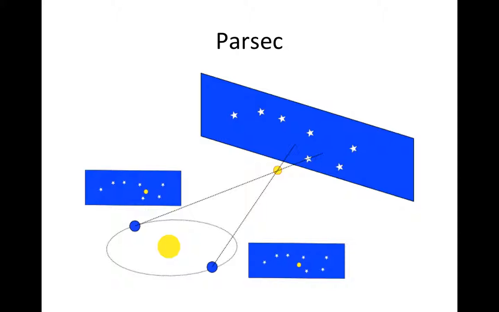Each minute has 60 seconds. This is not a measure of time. This is a measure of angles. So if it's a really, really small angle, just 1 second, then the distance for a 1 second parallax is 1 parsec. That is the definition, okay?